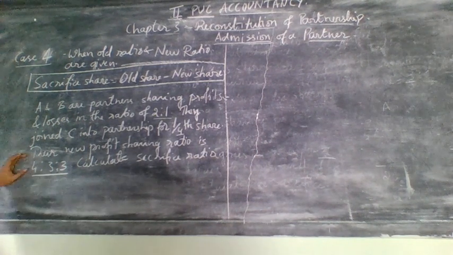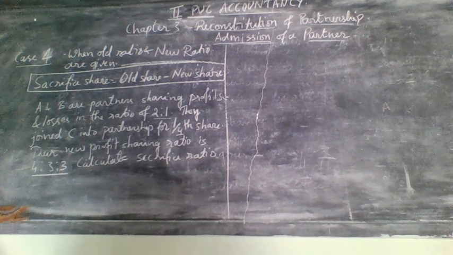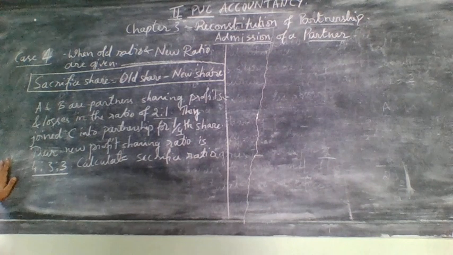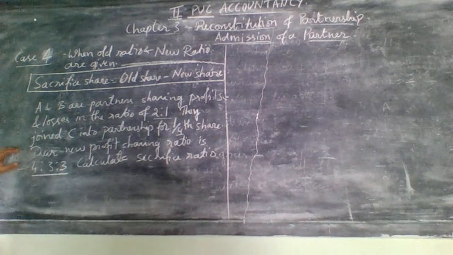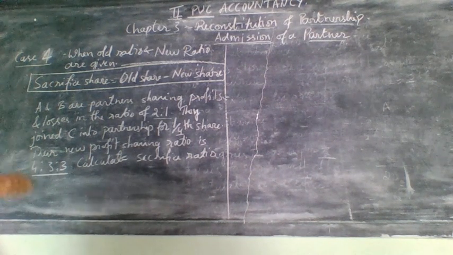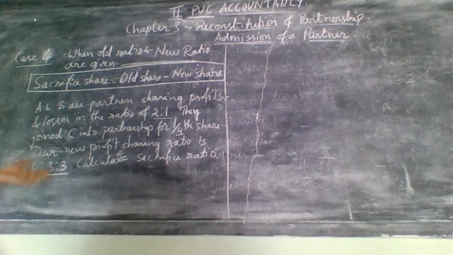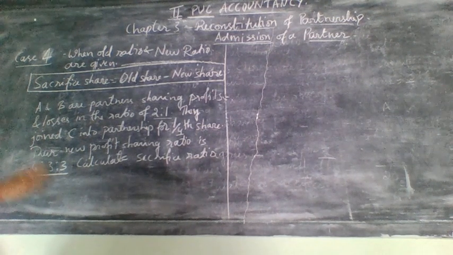That's it. Why they have given 4:3:3 and not 2:1:1 is not our part, that is their part only. The partners will decide that, and it will be mentioned in the partnership deed.